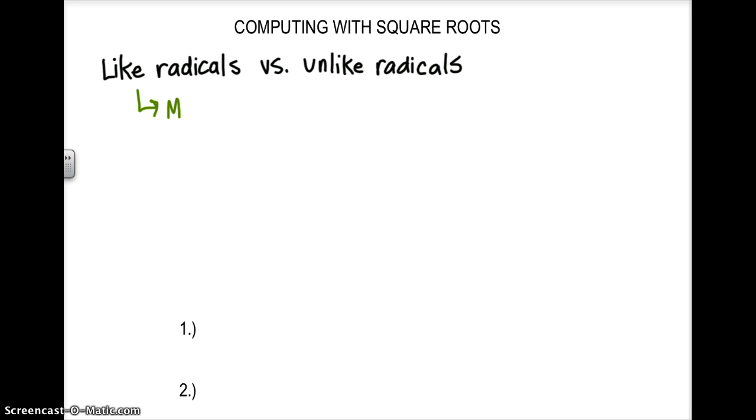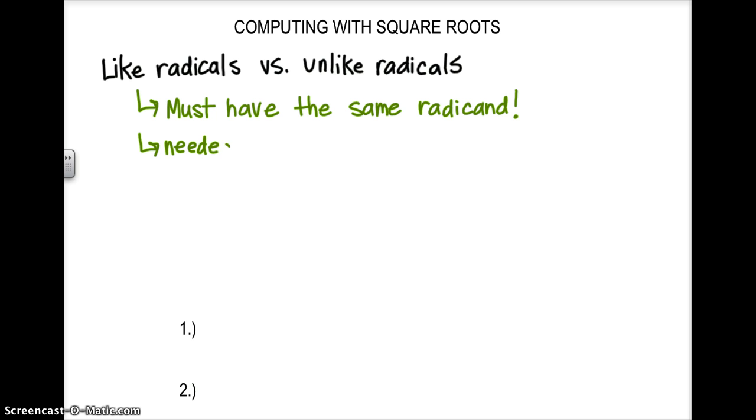They must have the same radicand. Now, if you think back, that would be the number under the square root. That must be identical. And that's what you need to be able to add or subtract. Okay? That's the only way you can add or subtract.